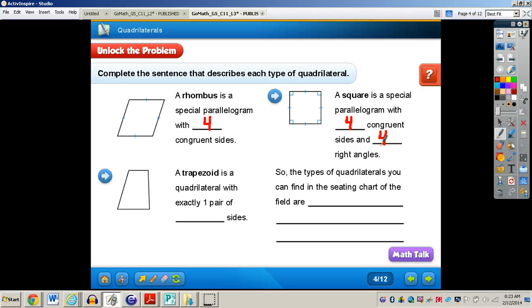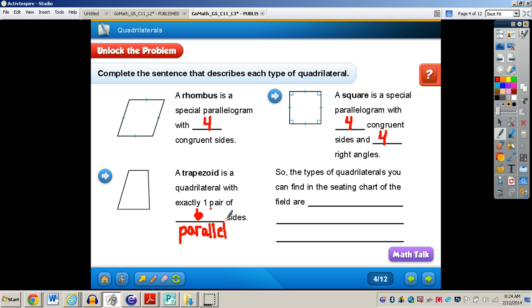Okay, a trapezoid we can see is a quadrilateral with exactly 1 pair of parallel sides. I'll write 1 pair of parallel. So 1 pair of parallel sides there.